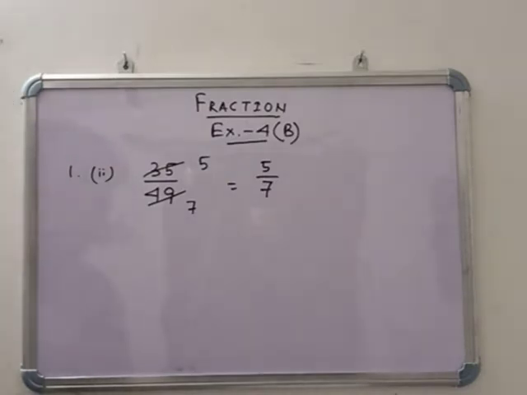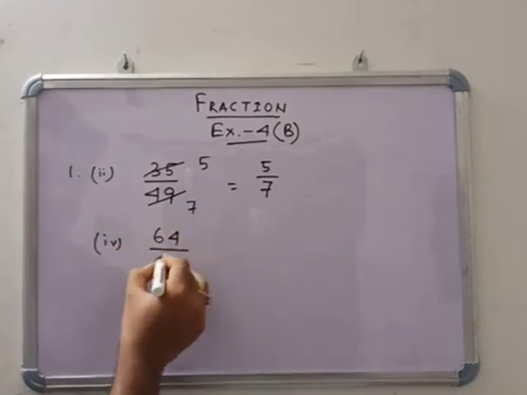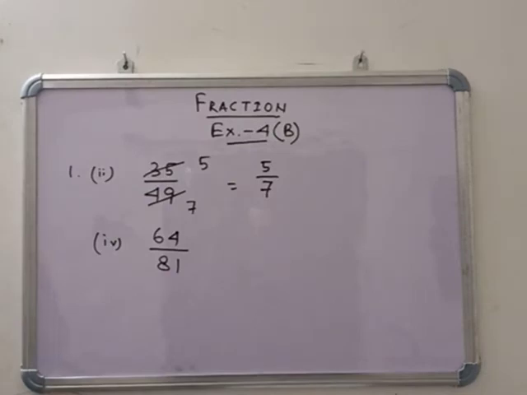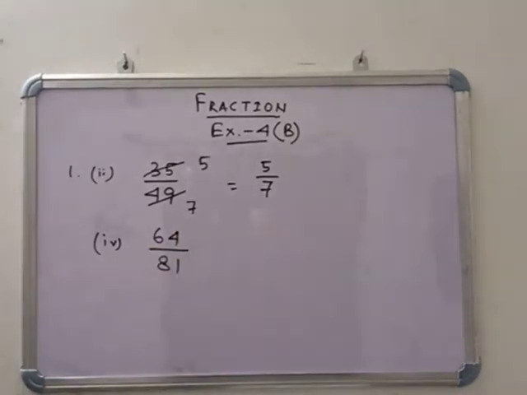Now similarly, number 4, 64 by 81. The numerator is not divisible by 3 because of 4 and the last digit of the denominator is 1, so it is not divisible by any number.